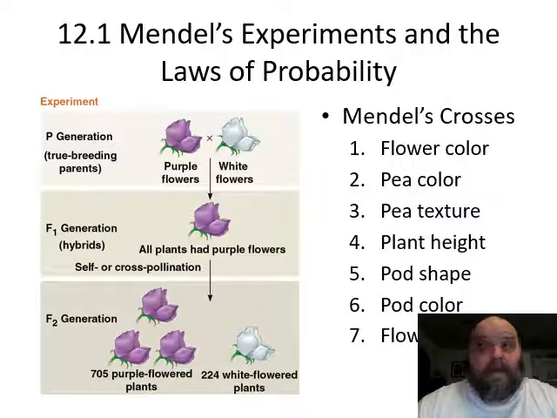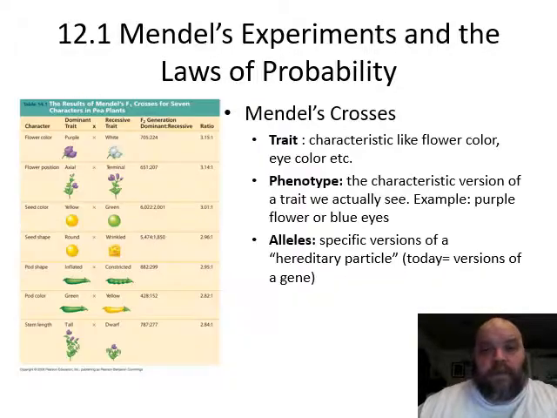White came back. And he counted numbers, though. That's the big thing. He counted numbers. He was trying to see if there was rhyme or reason to the numbers, the patterns. 705 purple flowered versus 224 white flowered in the F2 generation. This is a pattern that he would notice over and over and over again.